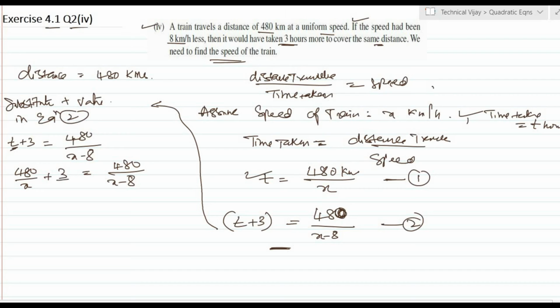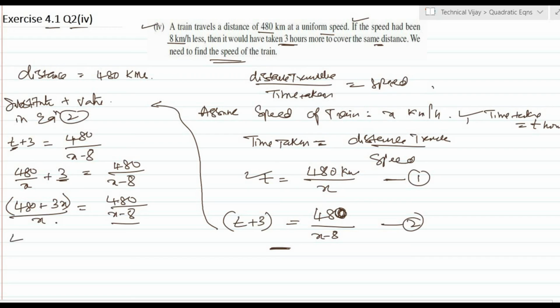So now we will take LCM here, 480 plus 3x divided by x is equal to 480 divided by x minus 8. So cross multiplication. So here x minus 8 is multiplied with this one and x is multiplied with this one.